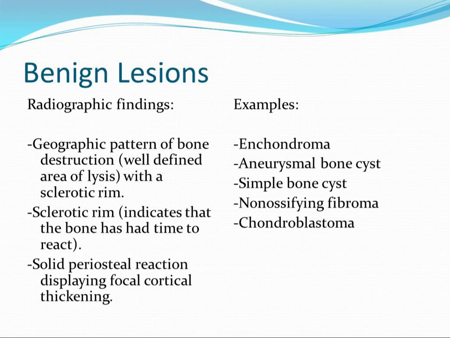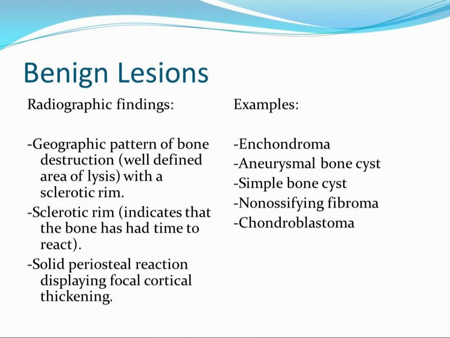That is the typical appearance of a benign tumor. The sclerotic rim indicates that the bone has had time to react. There is also a solid periosteal reaction with focal cortical thickening.